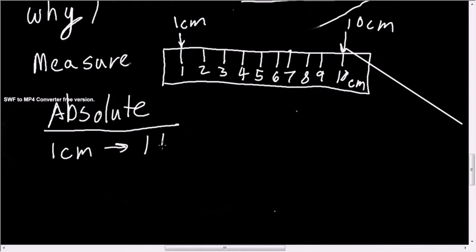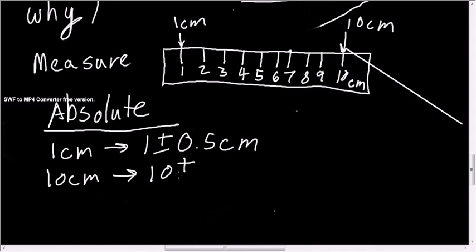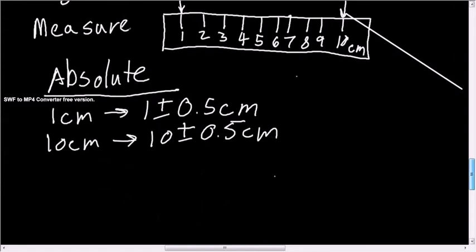I find that the absolute uncertainty of that measurement is plus or minus 0.5 centimeters. When I do the 10 centimeter measurement, the absolute uncertainty remains the same, plus or minus 0.5 centimeters. Well, what happens when we look at relative uncertainty?